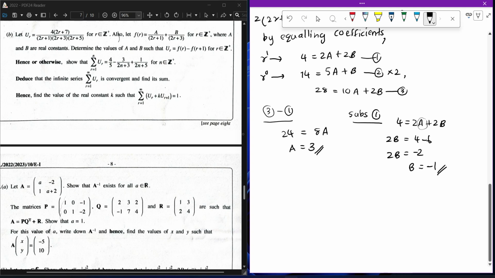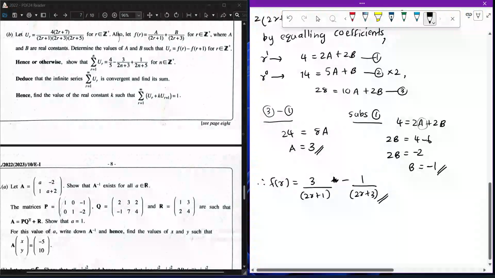Now the fr, hence this fr equals a, whose value is 3, denominator 2r plus 1, plus b, which is minus 1, denominator 2r plus 3. So this is our fr expression.